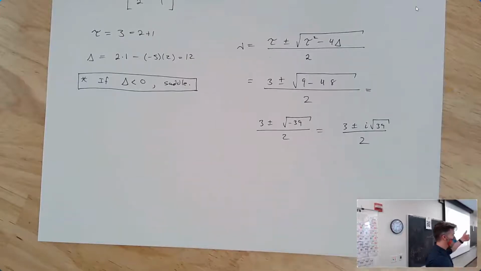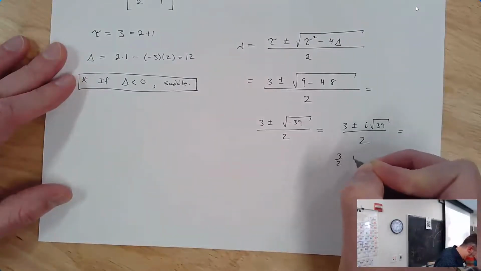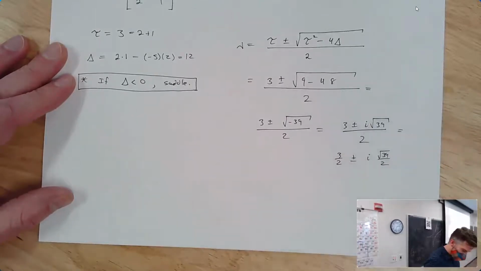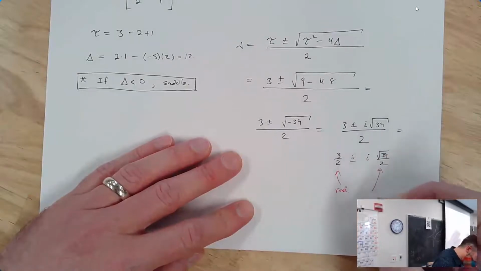Give me a thumbs up for negative and a thumbs down for positive. That's the opposite way. You actually do thumbs up for positive. Give me a thumbs up for positive, a thumbs up for negative. Right, the real part is definitely positive, because this is just 3/2 plus or minus i times the square root of 39 over 2. There's the real part. There's the imaginary part.